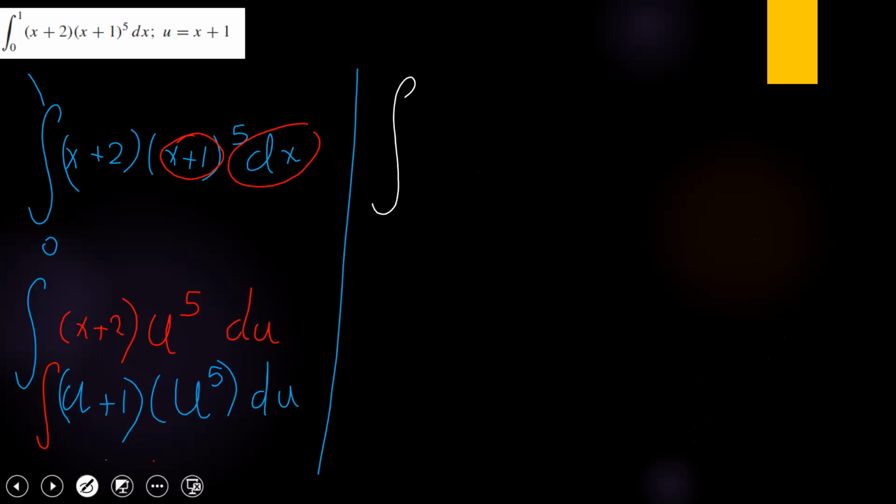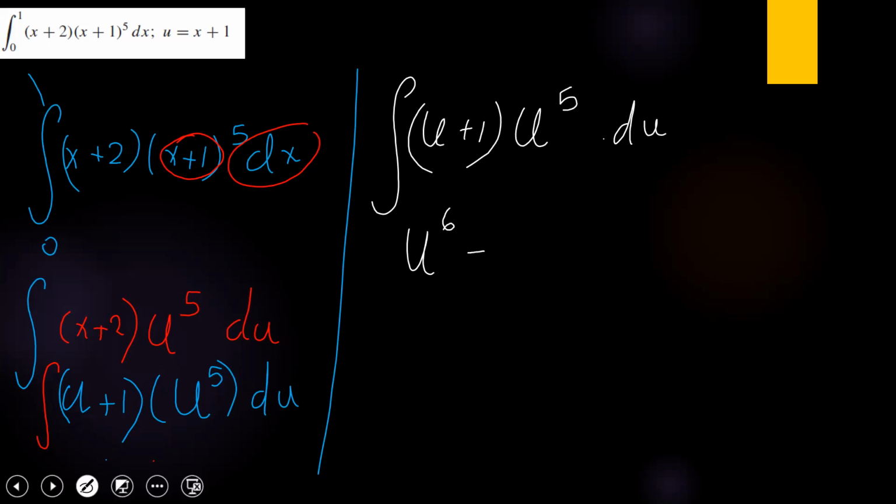So we have now the integration of u plus 1 times u to the power 5 du. To integrate it here, you have to use the distributive property: u to the power 5 times u, which is u to the power 6, plus u to the power 5, du. Now, it comes like f of x plus g of x. It's very easy now.